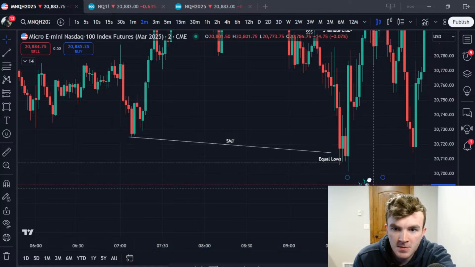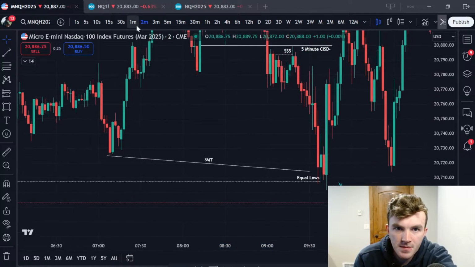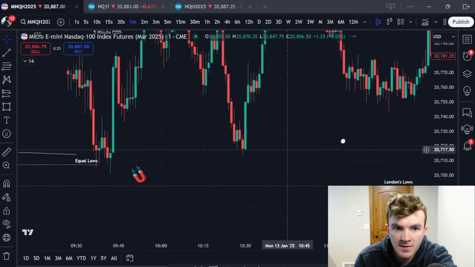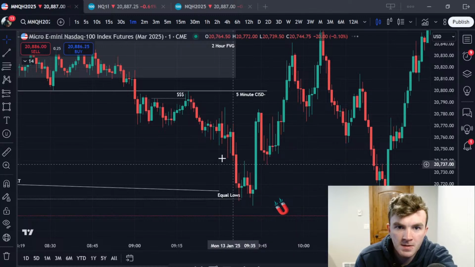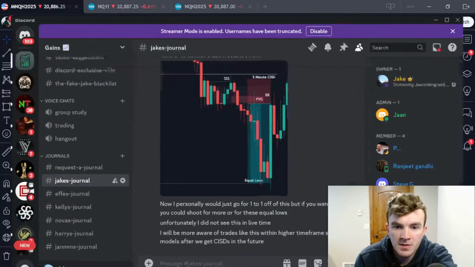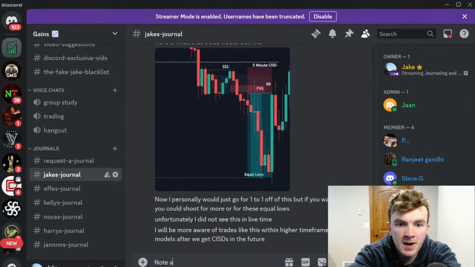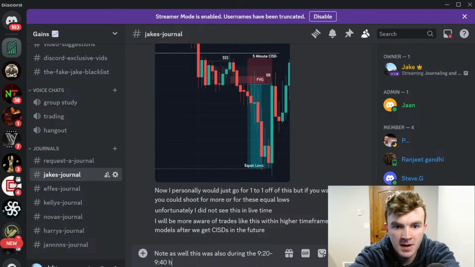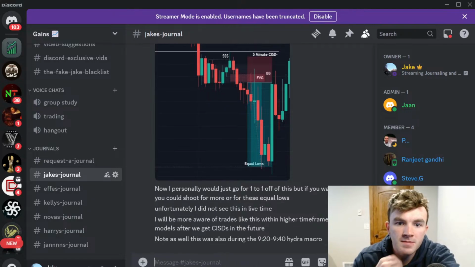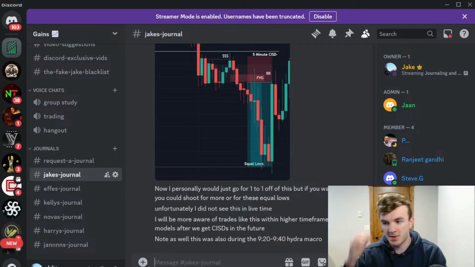And we hit those equal lows. And then we get this very, very algorithmic candle at 9:40. Note as well, this was also during the 9:20 to 9:40 Hydra macro, which is pretty cool.